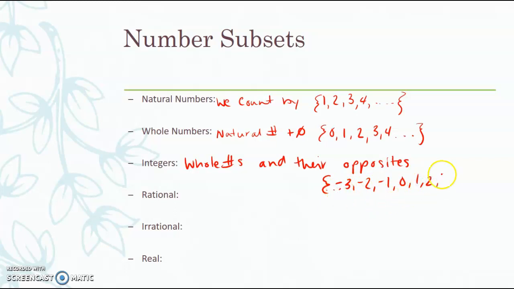Whereas before with natural and whole numbers, our continuation was at the end, with integers we're going both directions. So that's our whole numbers and their opposites. So the 1 with the -1, the 2 and the -2.